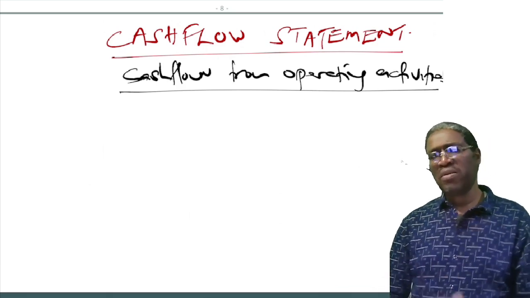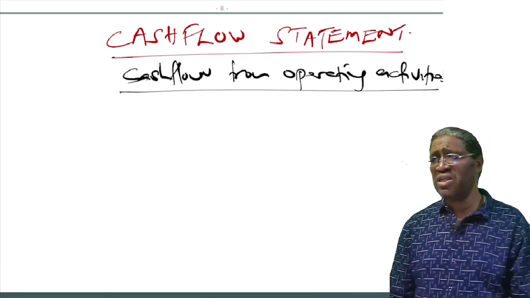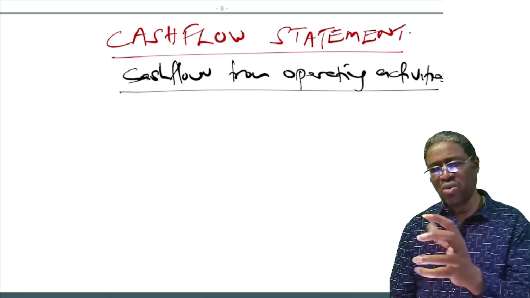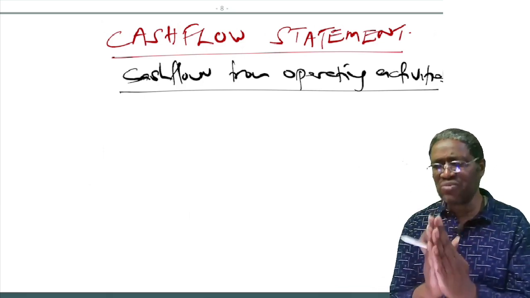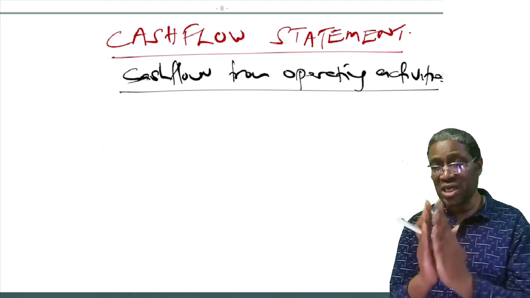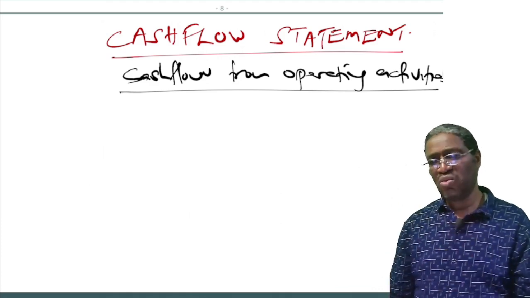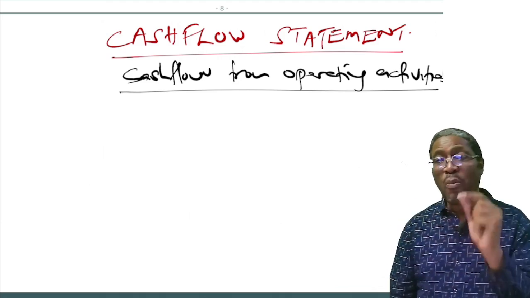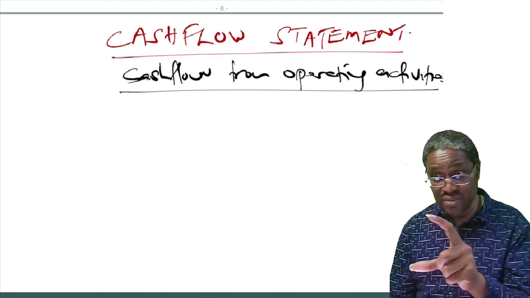But before we discuss how to determine the cash flows from operating activities, you need to know, when we say we are looking for cash flows from operating activities, what do we mean?